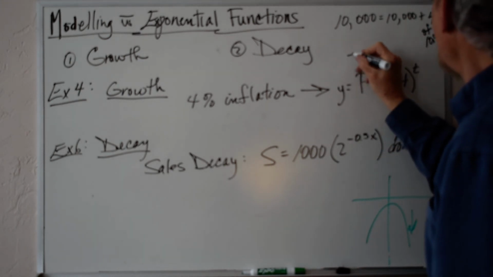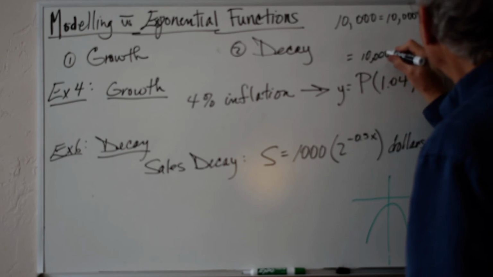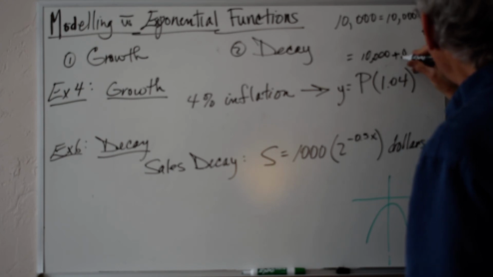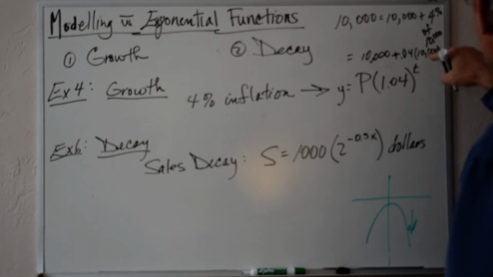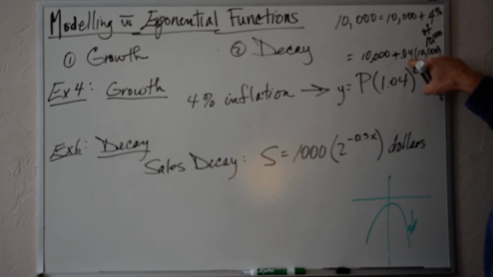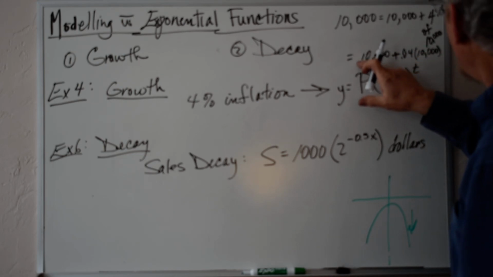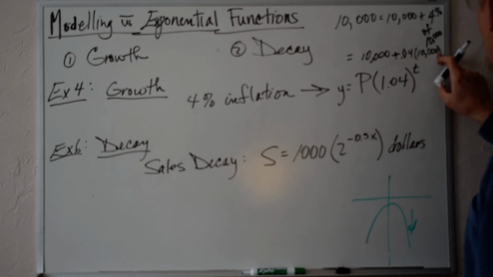And another way of writing that is just 10,000 plus 0.04 of that 10,000, right? Multiplying the 10,000 by 0.04. Well, this is just 1 times 10,000 plus 0.04 times 10,000.